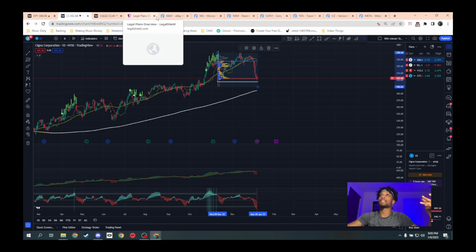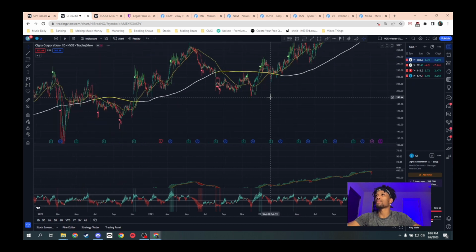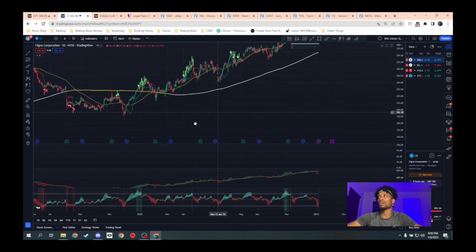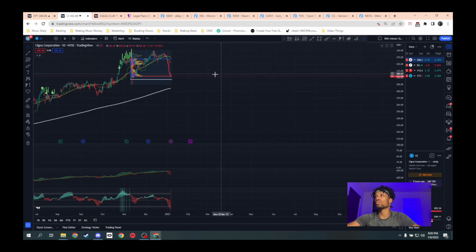Write this down. I like Cigna. It's in an uptrend. And it'll be a good hedge for any of my other positions that I take, which this was a huge dive. Now, does that mean you take it right at the 200? No, because it could break the 200, and now you gotta wait to see what's happening.